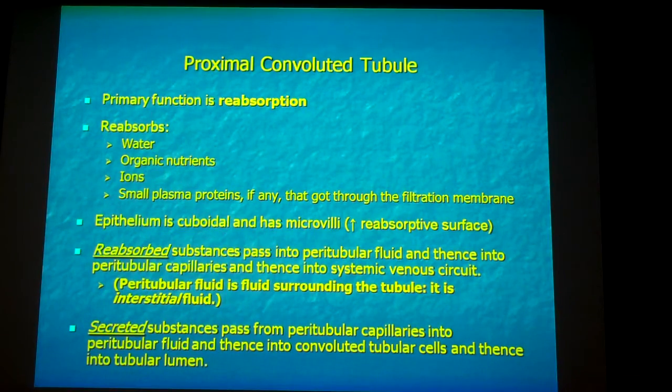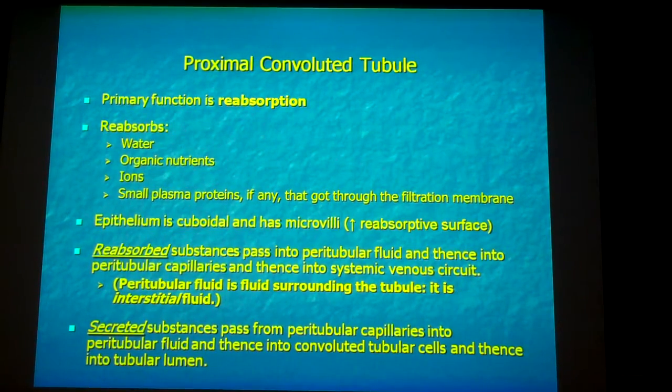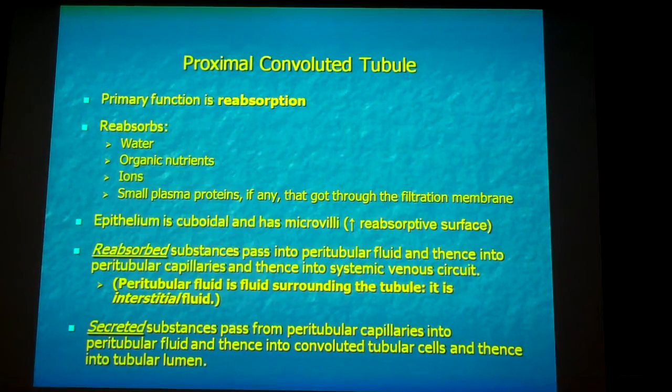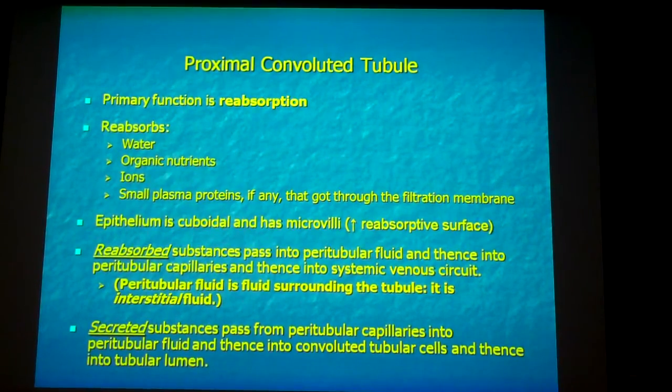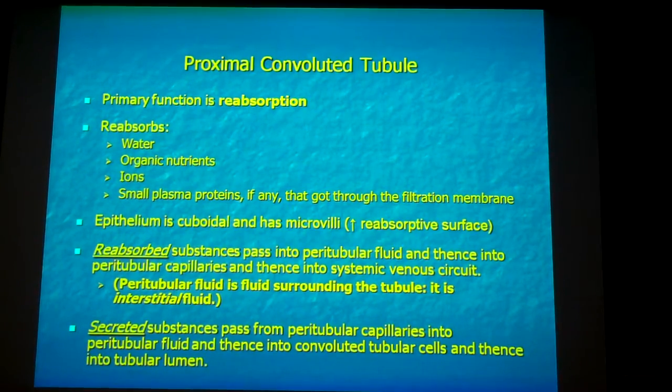So reabsorbed things in tubules pass from tubular lumen into tubular cell, into peritubular fluid, into blood capillary. Secreted things that the body needs to get rid of that haven't been passed through the filter come out of blood into peritubular fluid, into tubular cell, into tubular lumen, and out.